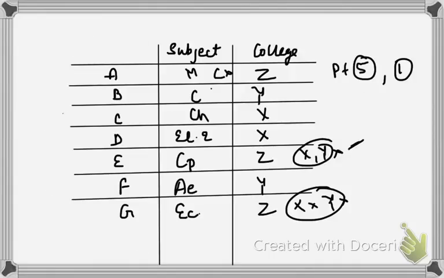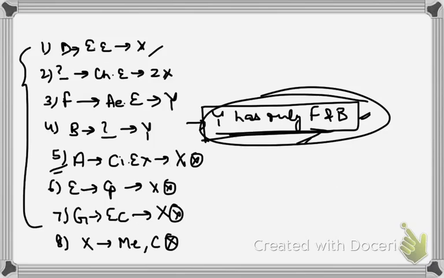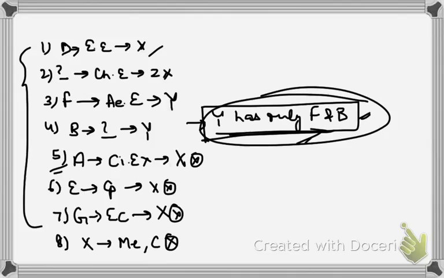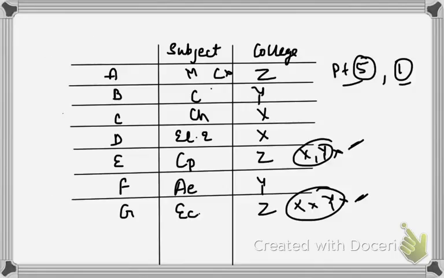You can clearly see that for X and Y, I have made a lot of use of the statement that only F and B study in college Y. Again you can see points 5 and 1, that is A doesn't study civil and he doesn't study X. So I made use of this and this point, that D studies electrical engineering and studies X. Combining these two points, that is logical deduction, I was able to form this table.